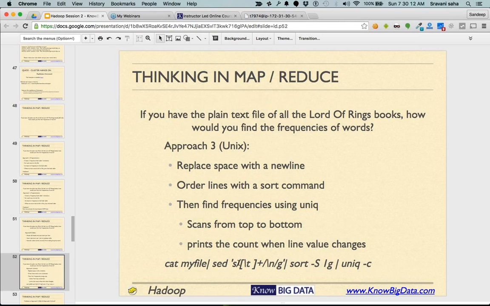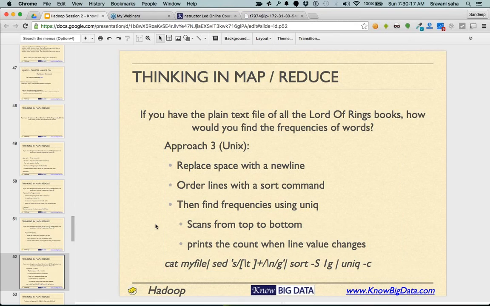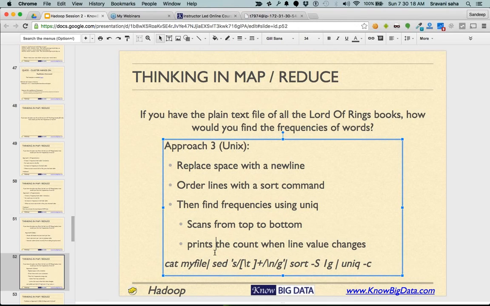We can replace sed with awk, and we can also code the first example with awk. But I'll not get into the details right now. So here, we have been able to successfully demonstrate how we can use this chain of commands, or this pipeline, to do the word count. Okay, is everybody convinced?